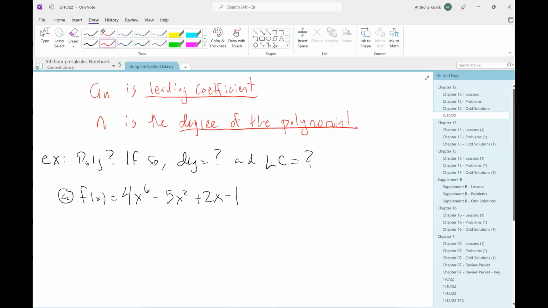So we're just going to burn through some examples about identifying whether something's a polynomial or not.